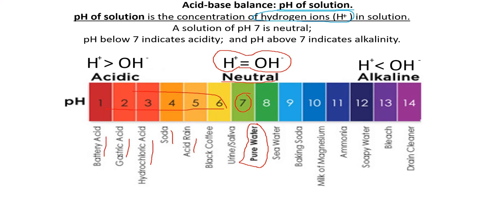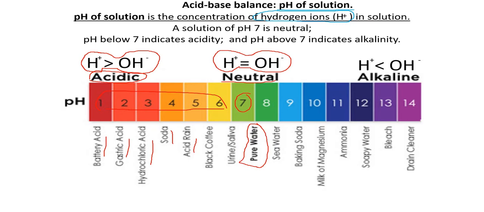If it's less than 7, it means this solution is acidic, and the concentration of the hydrogen ions is higher compared to the concentration of the hydroxyl ions. So this is acidic. pH will be lower than 7.